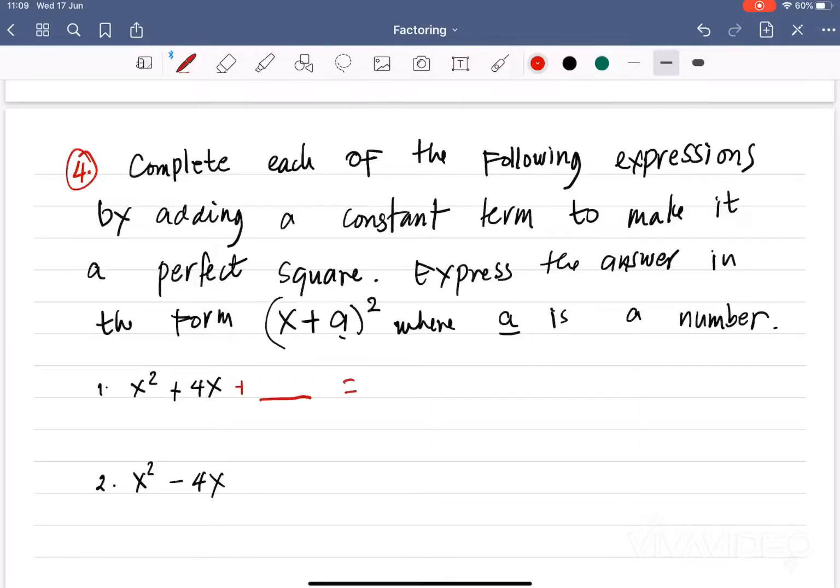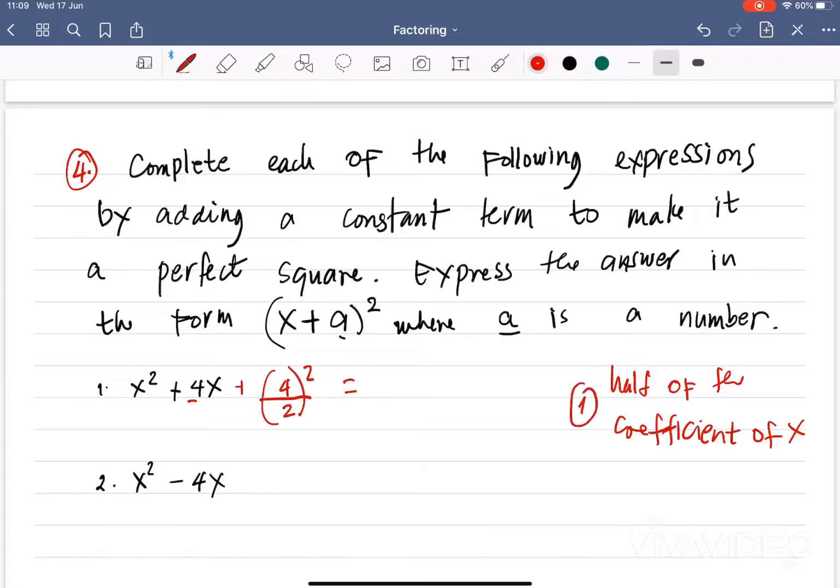To do that, what we are going to do is actually get half of the coefficient of x. So the coefficient of x here is 4. So 4, we will get half of that, and then we will square it. Okay, so after getting the half, you need to square it.